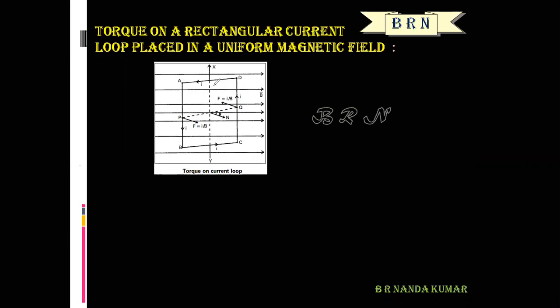If a current carrying conductor is placed in the presence of a uniform magnetic field, it will experience a force, that is F is equal to B I L sine theta.